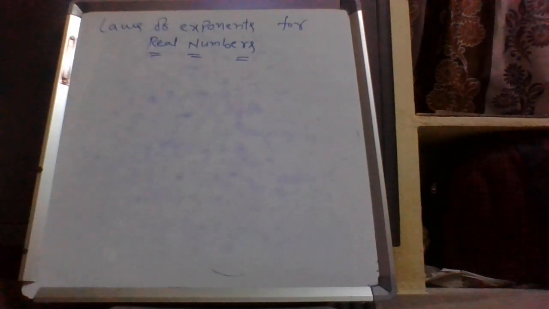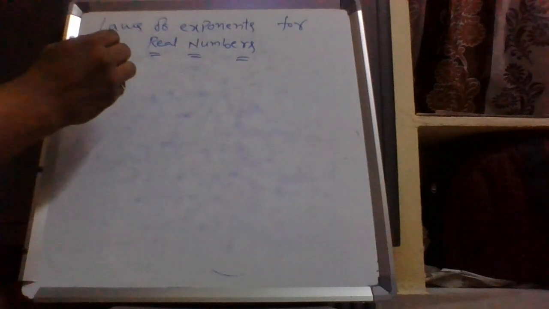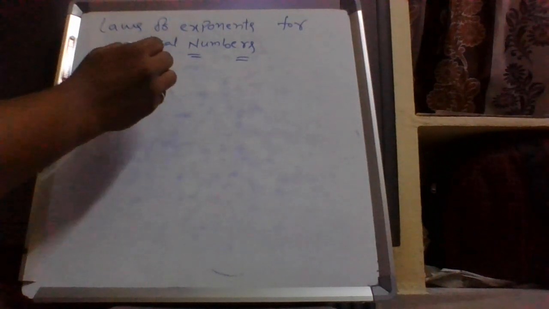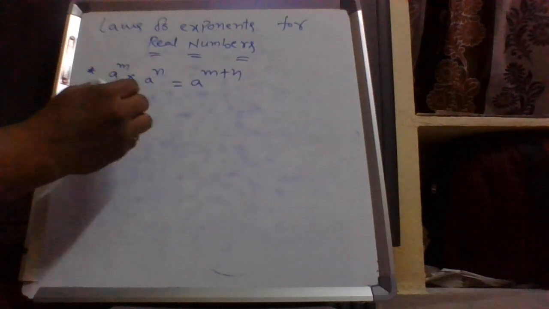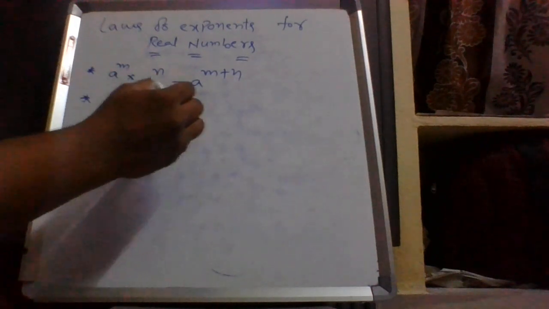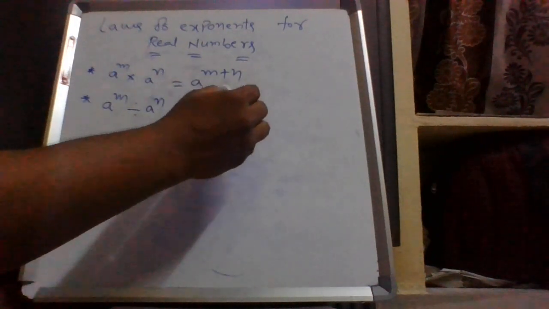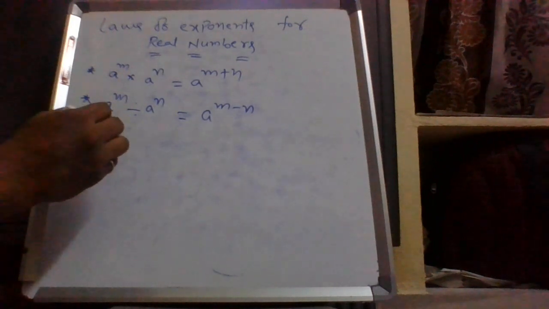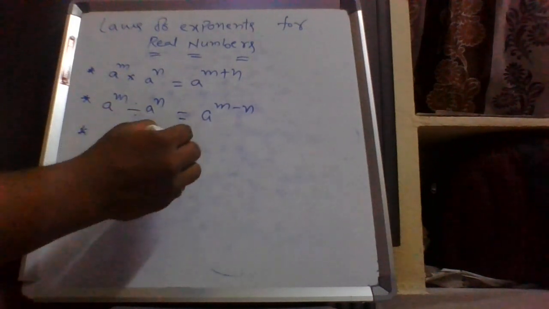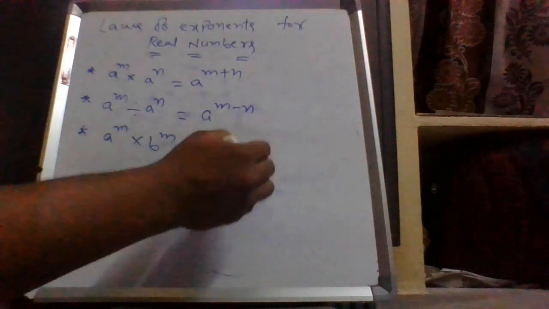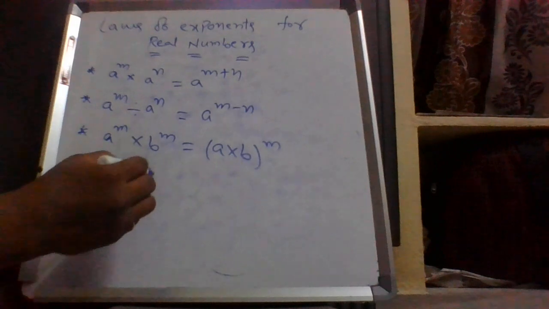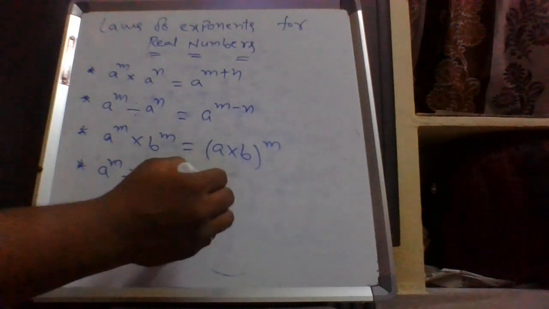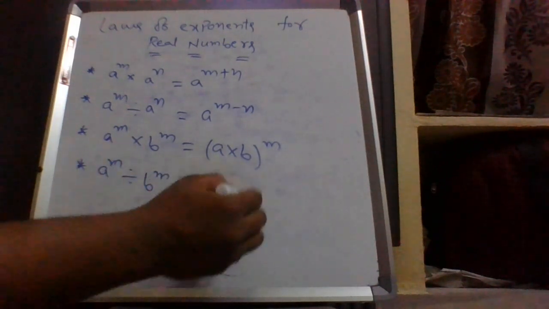So you must be aware of some of the formulas like a power m into a power n, which is a power m plus n, right? A power m divided by a power n, which you also learned in 8th class, is a power m minus n. Similarly, a power m into b power m gives a into b whole power m. Similarly, a power m divided by b power m gives a divided by b whole power m.